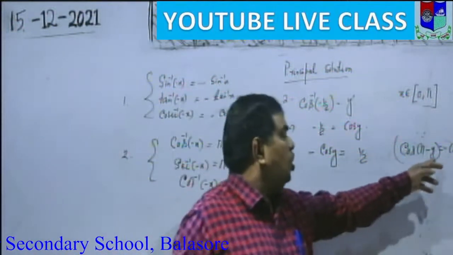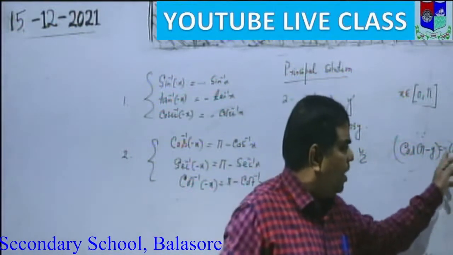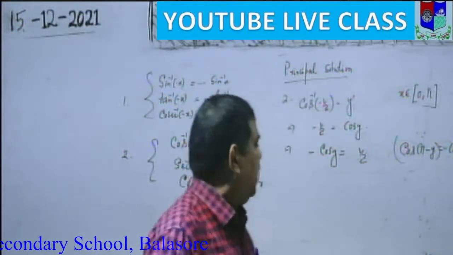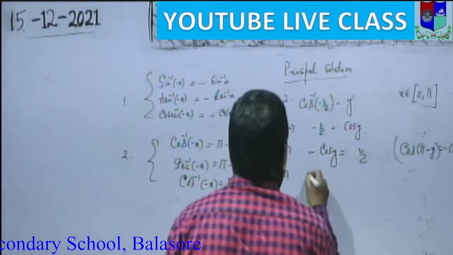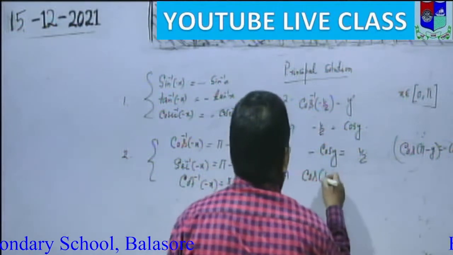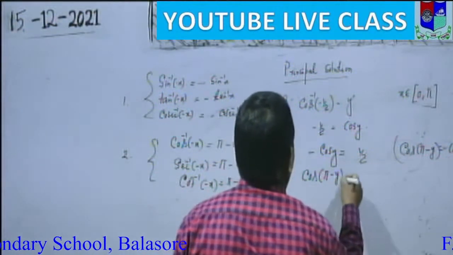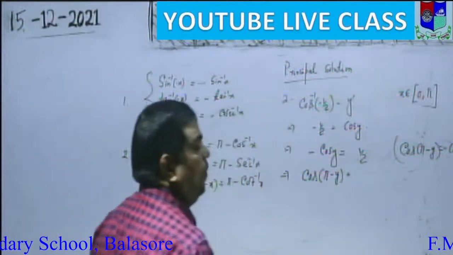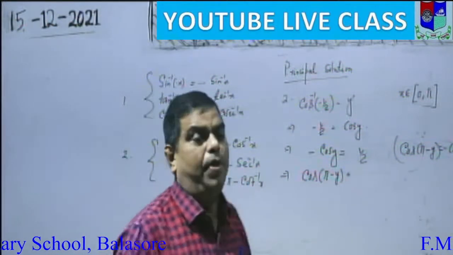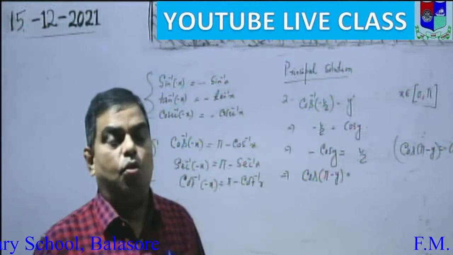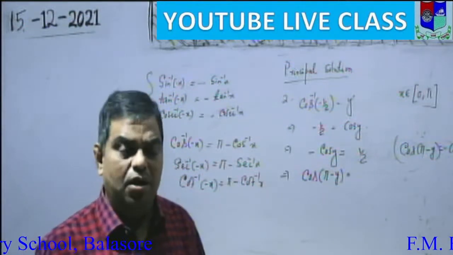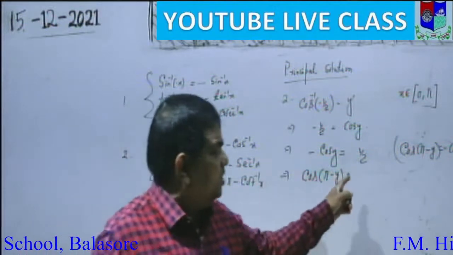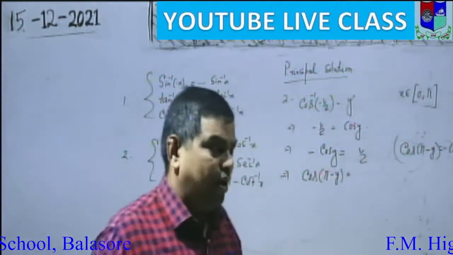So cos of pi minus y is equal to half. Cos is half at 60 degree. Cos 0 is 1, cos 30 is root 3 by 2, cos 45 is 1 by root 2 and cos 60 is 1 by 2.